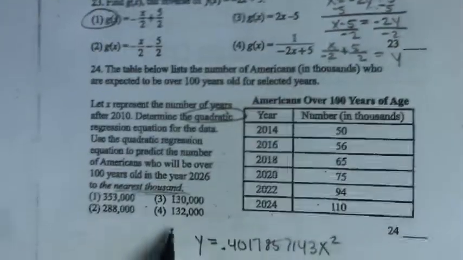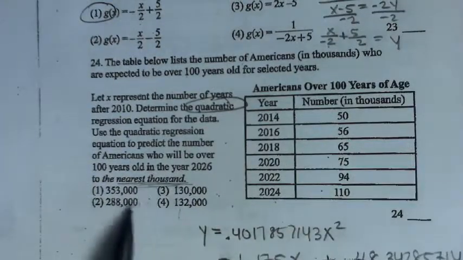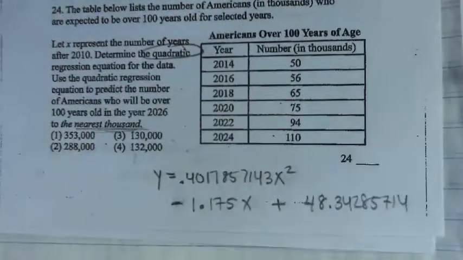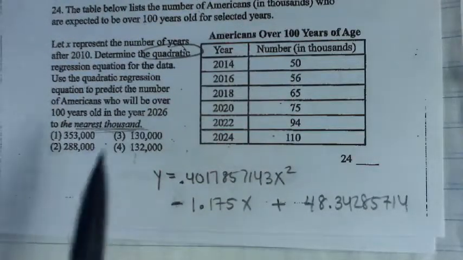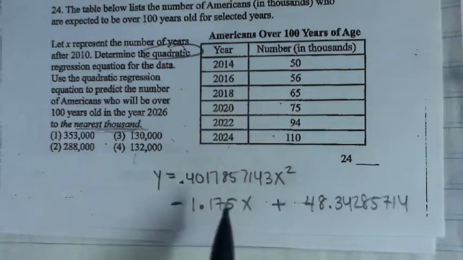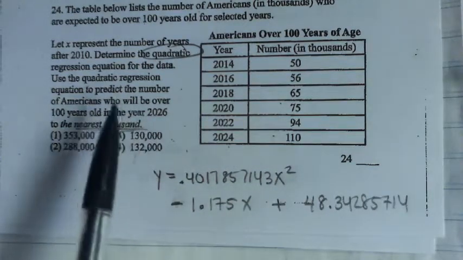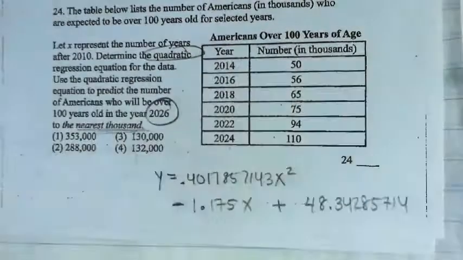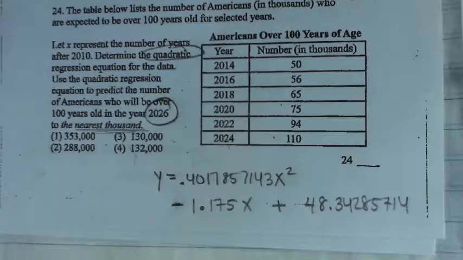I would just be careful, especially because some of these answers are fairly close to each other. 130 versus 132, that's pretty close. So you want to keep this as exact as you can. So if I'm going to use my equation to predict the number of Americans that are over this age in 2026, what number do I plug in to my equation?